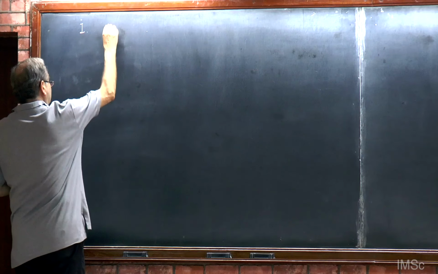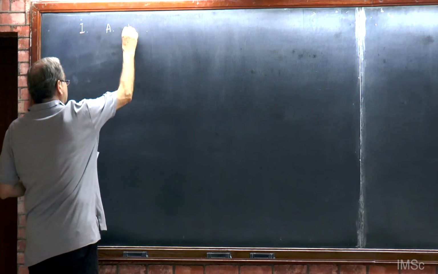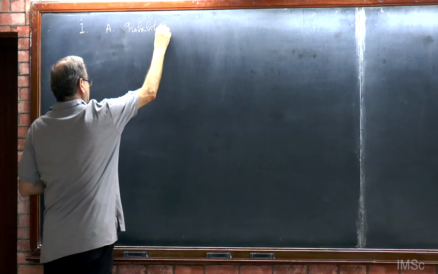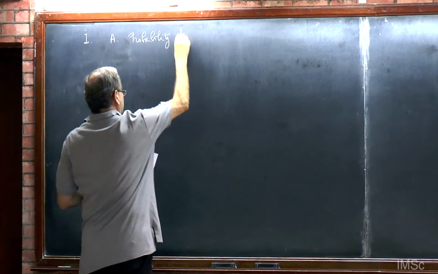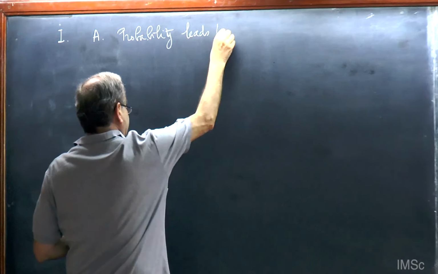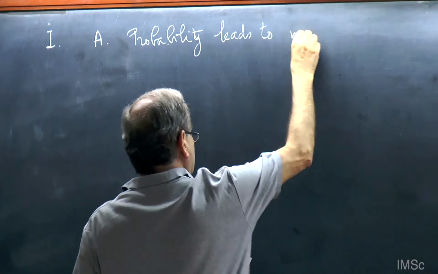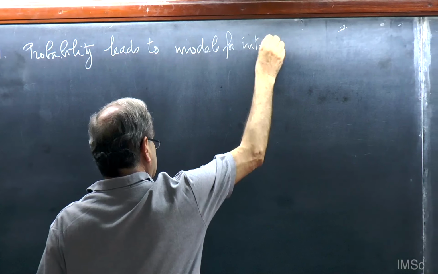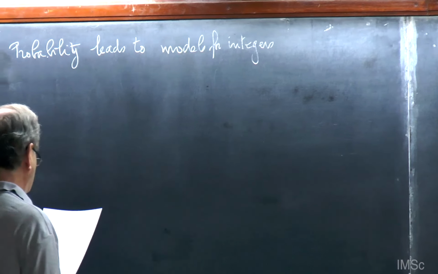There are essentially four themes. Probability leads to models for the integers. That is one thing.